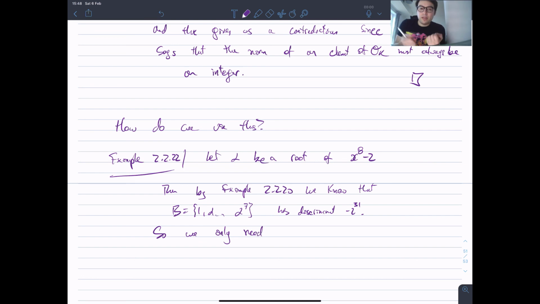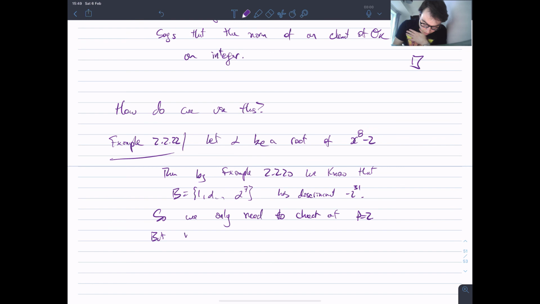So for me to check that I have an integral basis, I need to try and take out as many factors of square primes from my discriminant, and then eventually this will end, and I'll end up with an integral basis. In this case, the discriminant is just some power of 2. So we only need to check at p equals 2.